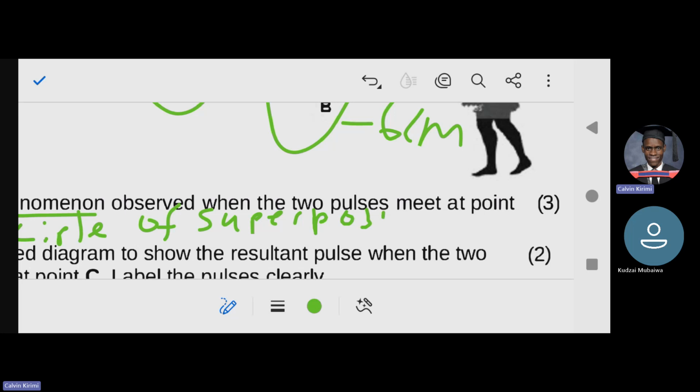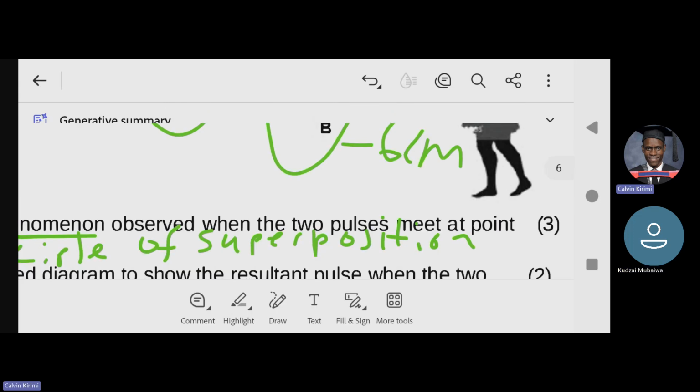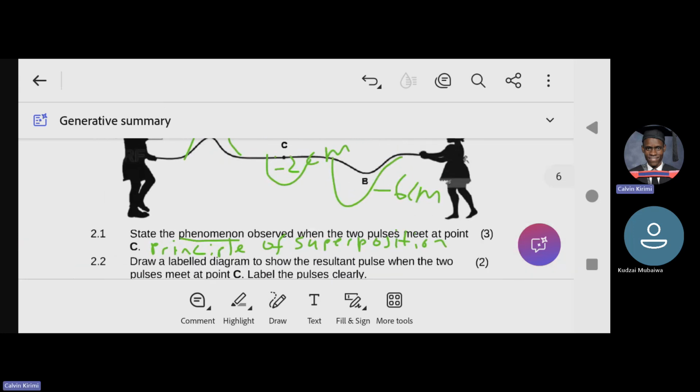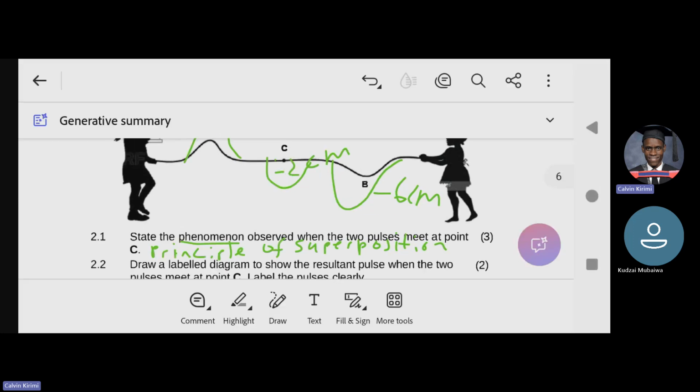What does the principle of superposition say from the notes? Do you still remember? The algebraic sum of amplitudes of two pulses that occupy the same position at the same time. So it's the algebraic sum, which means we are adding these things algebraically.